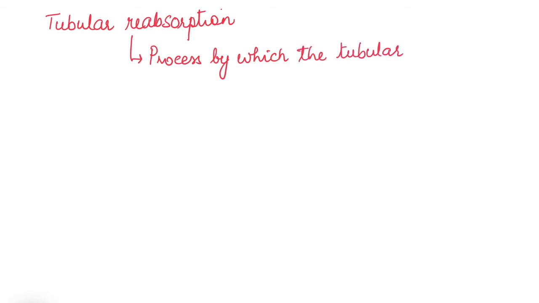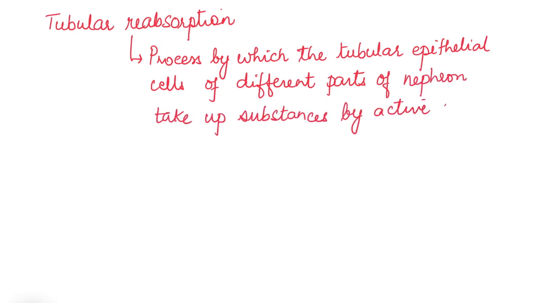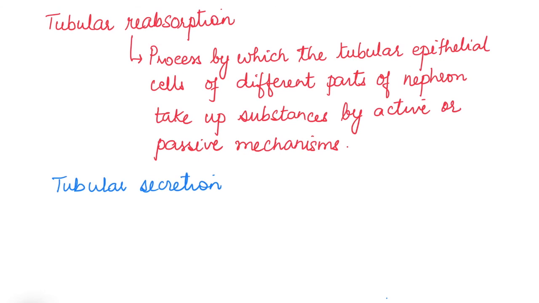So, tubular reabsorption can be said to be a process by which the tubular epithelial cells located at different parts of the nephron take up substances by either active or passive mechanisms into the blood. So this is called tubular reabsorption.